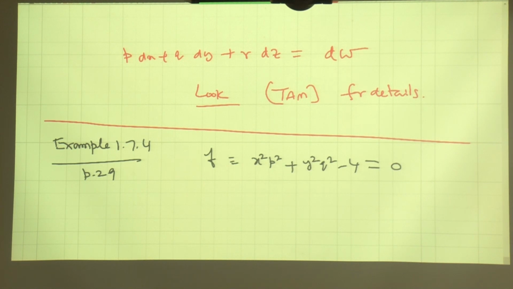The auxiliary equations are dx by f_p, which is 2px squared, so 2x squared p; dy by 2y squared q; dz by p f_p plus q f_q, so 2x squared p squared plus 2y squared q squared.